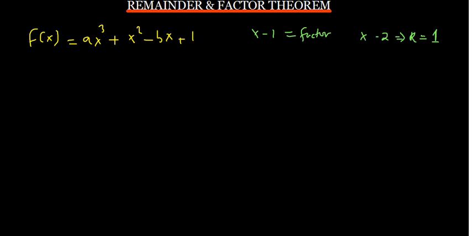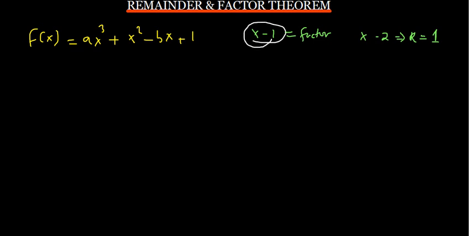Remember, x - 1 is a factor. When you divide this function by x - 1, we are saying x - 1 is a factor, so you should be able to know the remainder. And then when we divide it by x - 2, the remainder is 1. What will be the values of a and b? Let's start.